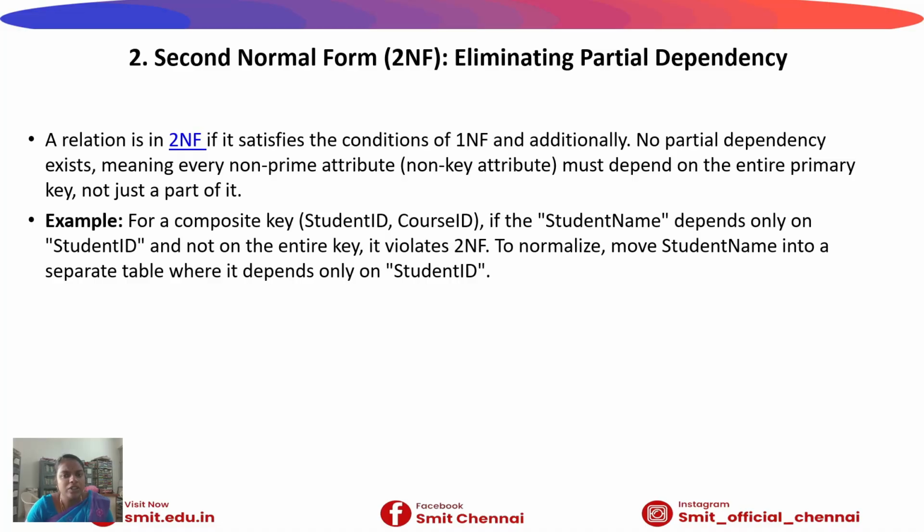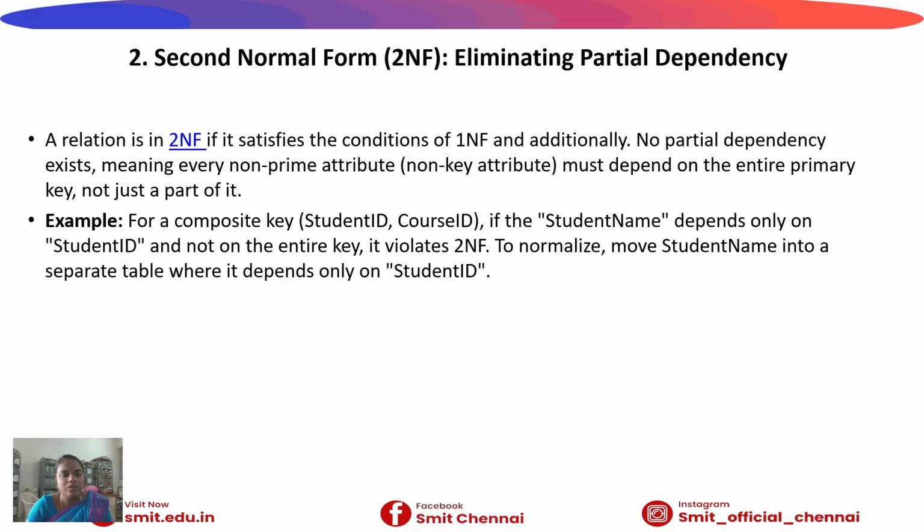Moving on to second normal form, eliminating partial dependency. Second normal form satisfies the conditions of first normal form and additionally, no partial dependency exists, meaning every non-prime attribute, like non-key attributes, must depend on the entire primary key, not just a part of it. Okay.